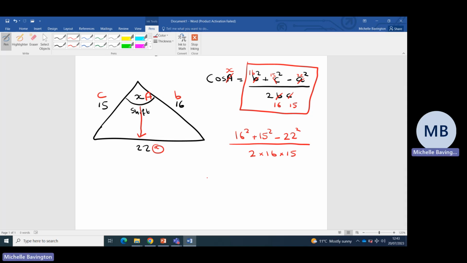I'm going to need a fraction button, a top and a bottom. So 16 squared plus 15 squared minus 22 squared, go down, 2 times 16 times 15.